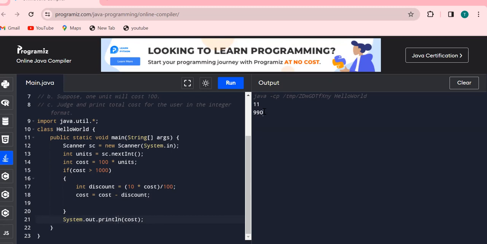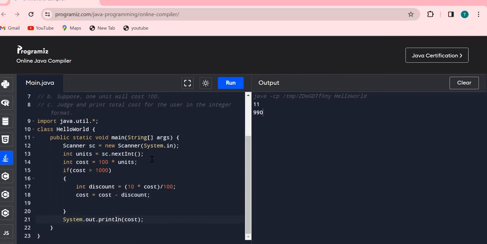See, the 10% discount is applied on the total cost. I hope you understand. If the discount was not applied, our answer should be 1100. But in this case, the discount is applied, so our answer is 990. I hope you understand.